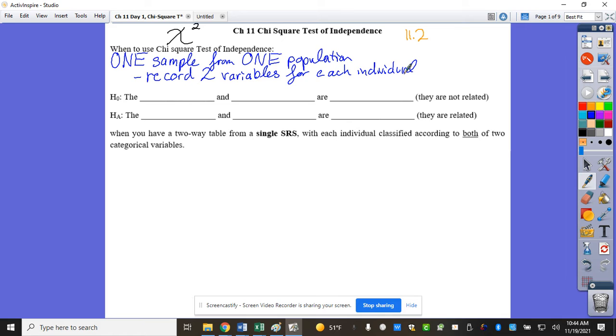So, what we are trying to determine here for independence is if they're independent or not. The null hypothesis, now I'm going to call one of these row variable and one of them column variable. It doesn't really matter which one I put first, but it's weird to write either one.